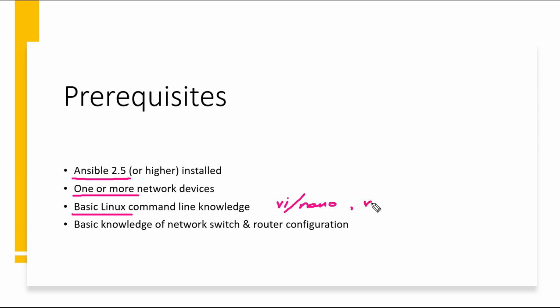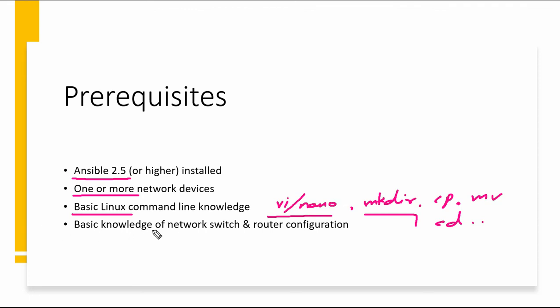And we must be aware of how to create a directory with mkdir, how to copy a file, move a file, rename a file, change directory, and move back from the directory. These are the few basic things expected from the engineer. If not, then it's fine. In this course we do this multiple times, so we can easily grasp it.